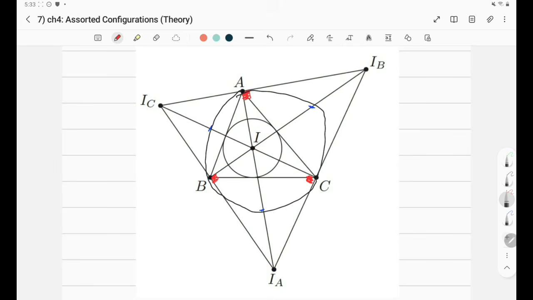So that means you can have a similar idea here. If you just draw this triangle as well, something like this, and this, and this, it will be homothetic to this one, right?